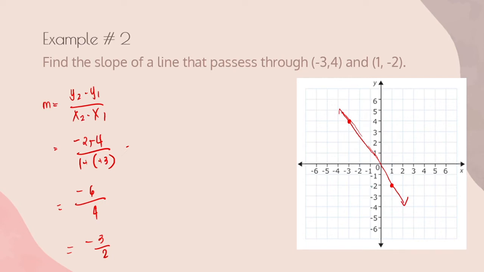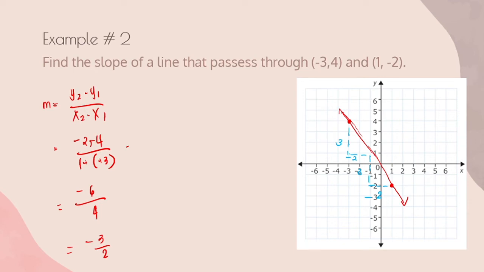So 1, 2, and then up 1, 2, 3. So that's the first movement. And then the second one would be 1, 2, and up 1, 2, 3. All right. So that is how the movement goes. So 3, -2. Okay. So this is how a negative slope is graphed.